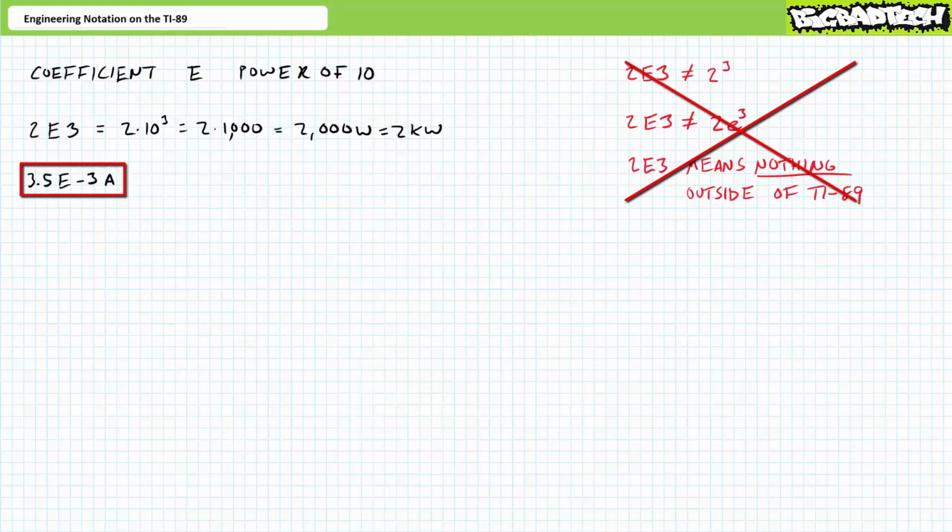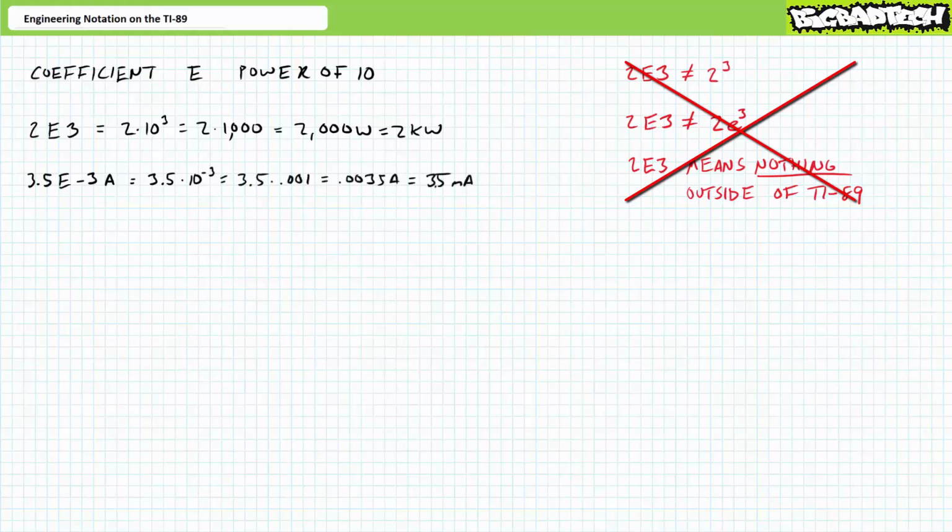Let's say the calculator is displaying 3.5E negative 3. Let's pretend this is in units of amps. The TI-89 tells us the coefficient, in this case 3.5, tells us we're in engineering format with a capital E, and tells us what power of 10 we're multiplying the coefficient by. In this case, 10 to the negative 3, or 0.001.